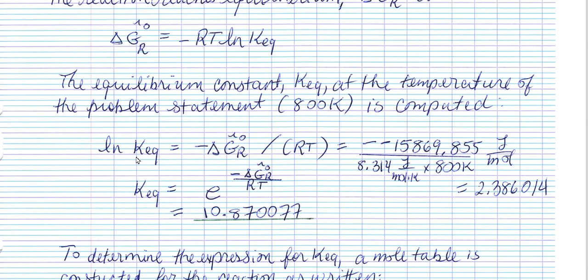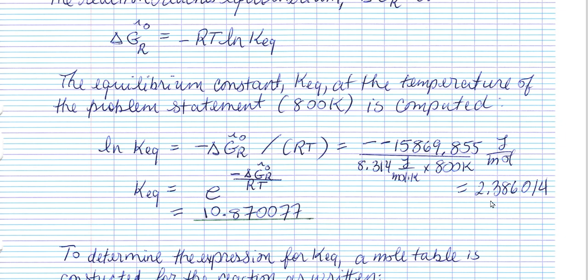So ln of KEQ is equal to negative standard delta G of reaction divided by RT. So negative of the standard delta G of reaction, which is here, divided by RT, R is 8.314 joules per mole Kelvin, T is 800 Kelvin. Note how the units all cancel out.